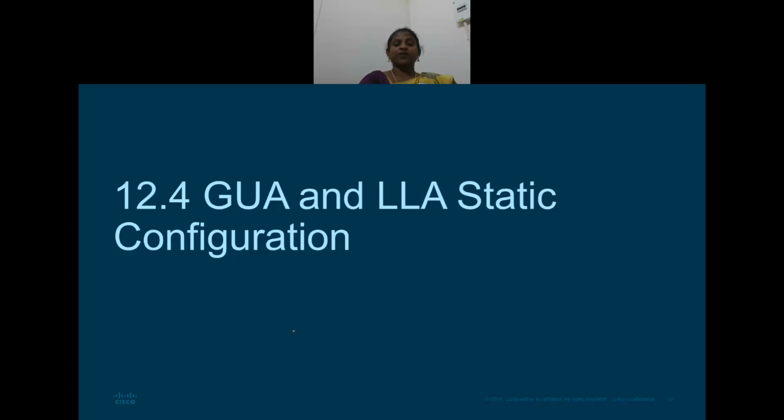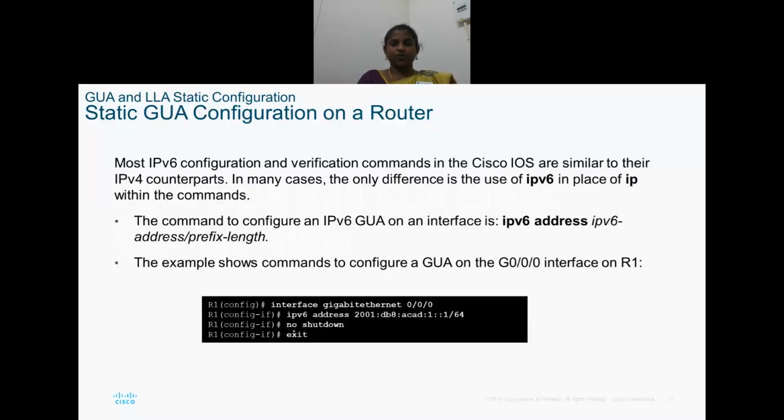Now, how can I statically configure the GUA, global unicast address, and link local addresses? This is the command interface. You can go to interface gigabit 0/0/0. Already we have done this for IP version 4. We used to do ip address, the address and the subnet mask for IP version 4, right? Here the command is ipv6 address, the address.